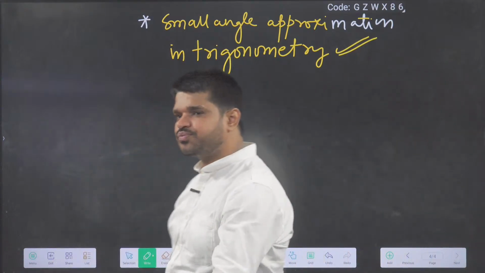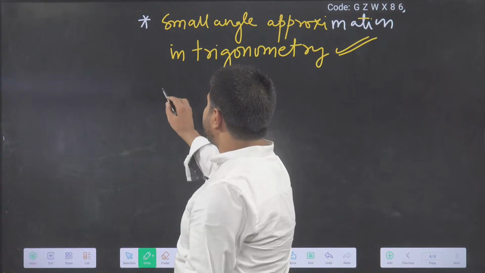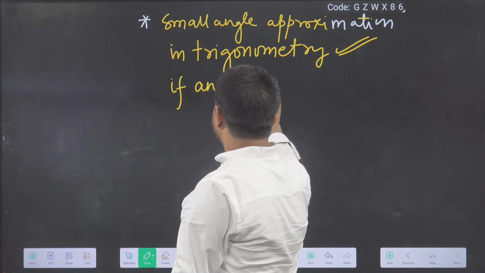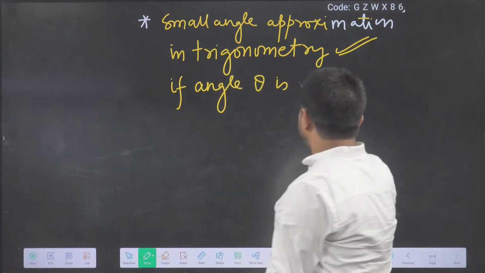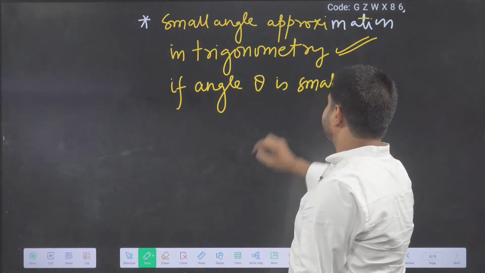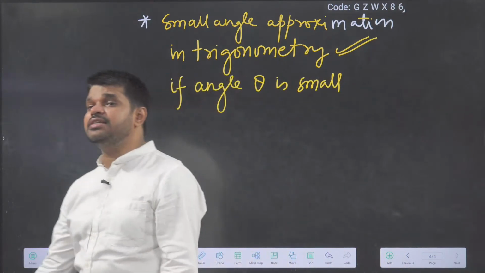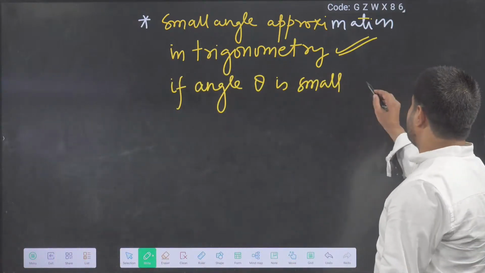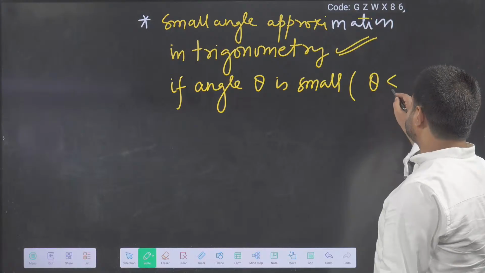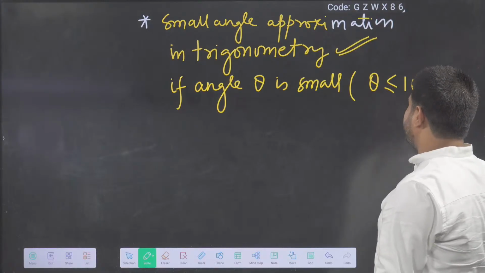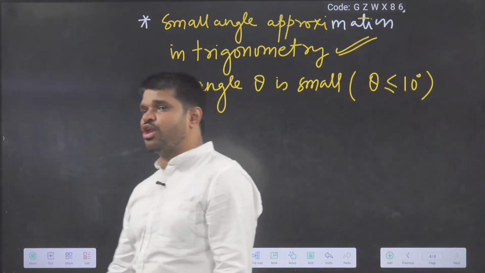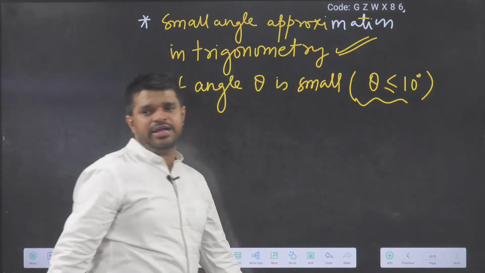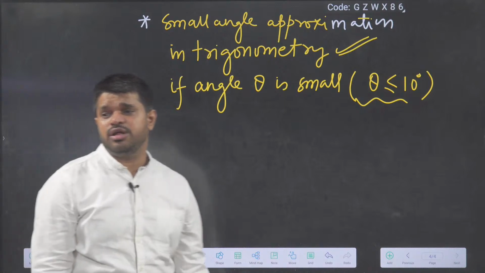Now the concept is, if angle theta is small, now the question is how small. You can take, if theta is less than or equal to 10 degree, preferably less than or equal to 10 degree, then there is an approximation.